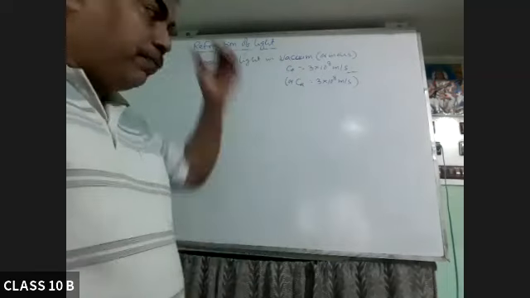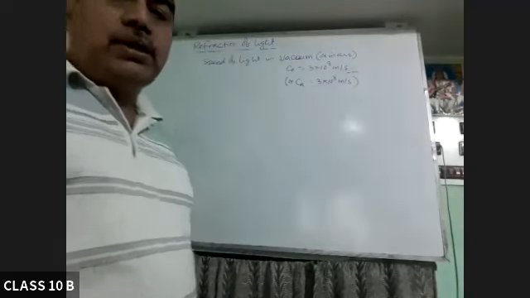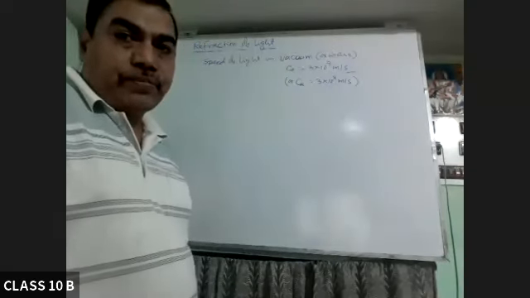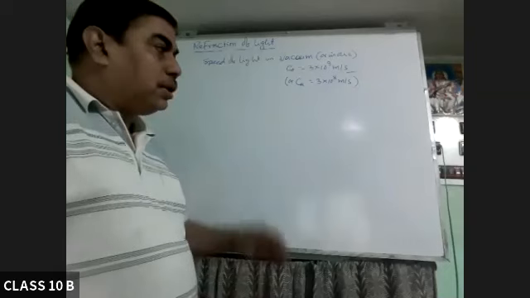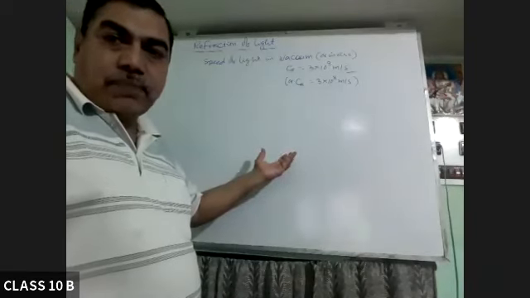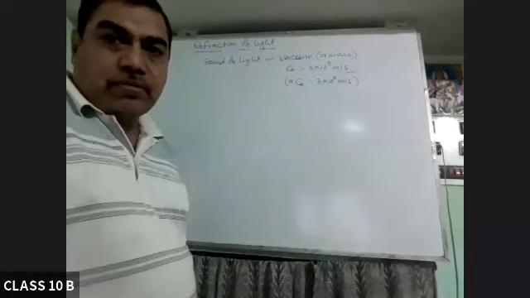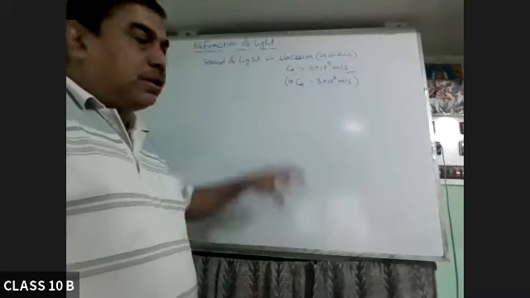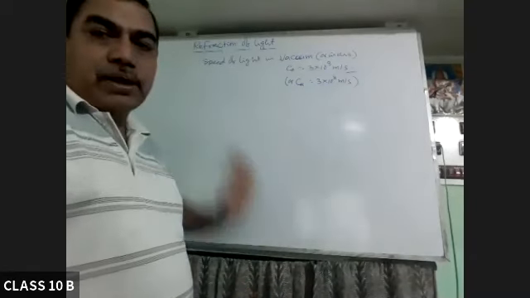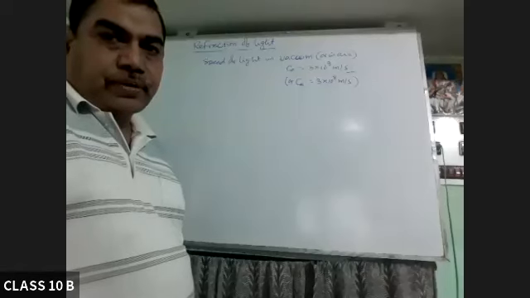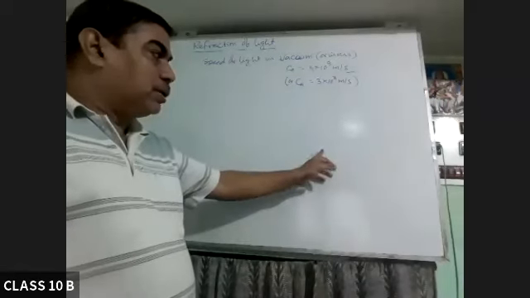So, when light falls on any surface, different possibilities are there. One is the surface may appear dark. Due to what? The light is completely absorbed by that surface.